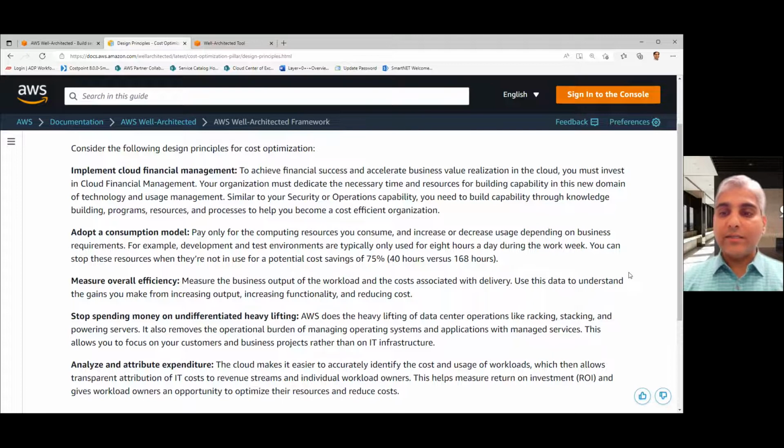And typically, having a separate function that focuses on that allows them to get more familiar with the tools, with the different models that can help optimize those things, and really support the organization in a way that becomes a more specialized function. Similar to how you would do that with a separate information security team or a separate operations team, you want to also have a team that's focusing primarily on the cloud cost optimization or the cloud financial management aspect of it.